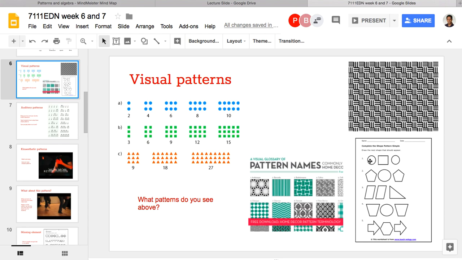So circle, square, circle, and then you'd place a square. You would use concrete materials to complete this problem, whereas students working back at their desks will be filling in this worksheet.